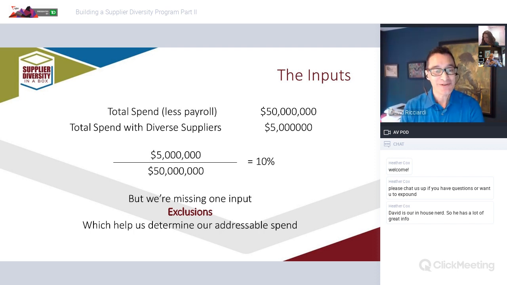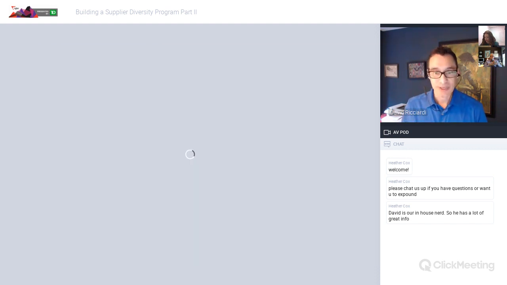That is accurate math. But we are missing one important input into the process. And that is the concept of exclusions. Exclusions really help us determine what we would refer to as addressable spend. And oops, there we go.